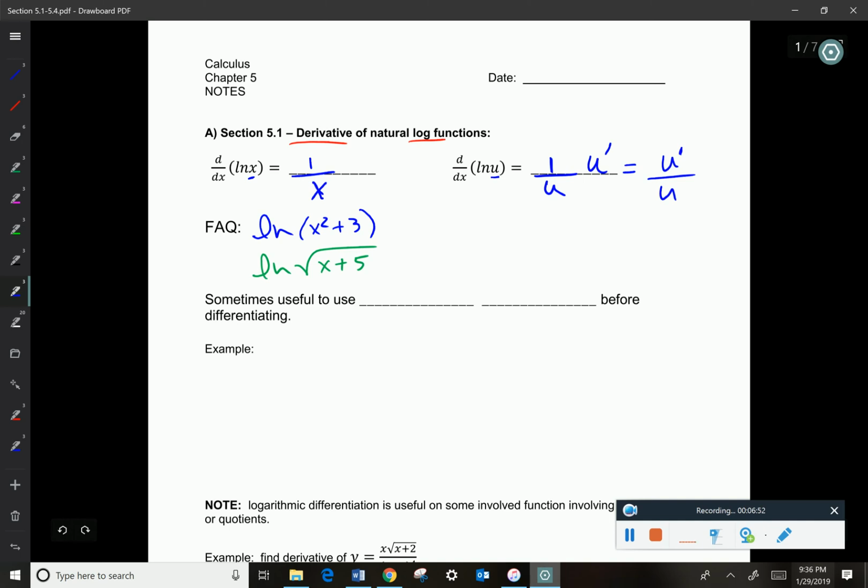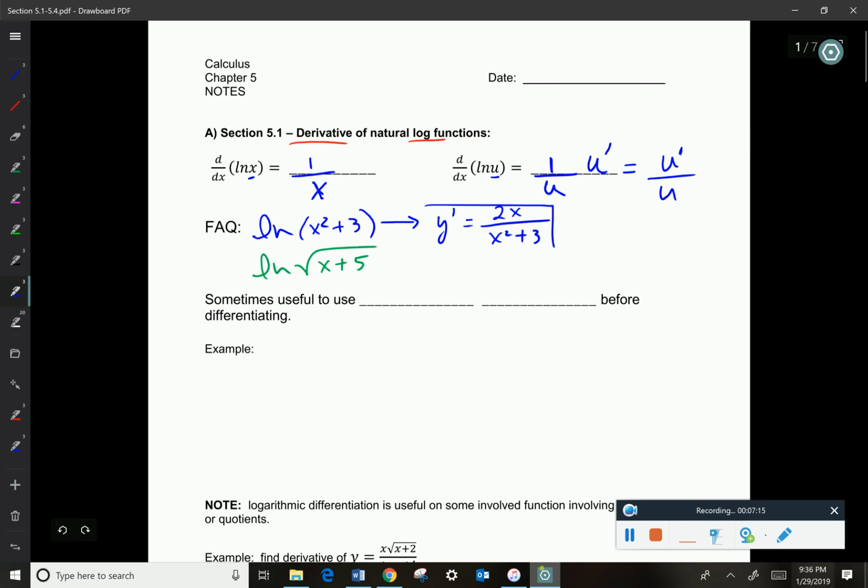So if I'm looking at this first one, if that's my original function, then the derivative is, well, x squared plus 3 is u, so u prime would be 2x, all over u, which was the parentheses, so all over x squared plus 3. And that's it.